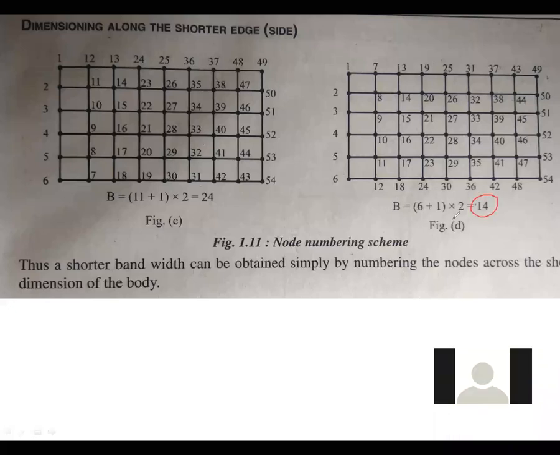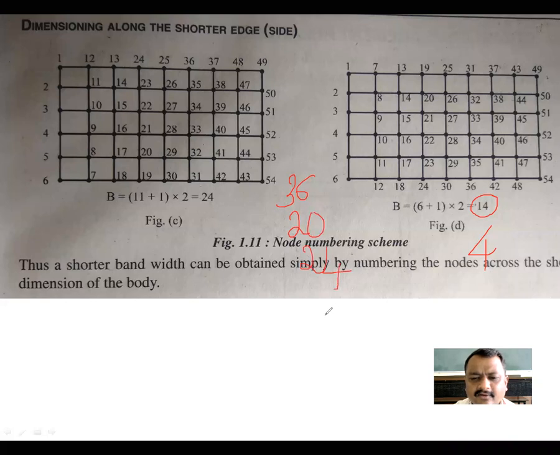Now, for the same mesh, we can number it in 4 different fashions. Among all the 4 methods, the first method gave 36 as the bandwidth, the second gave 20, the third gave 24, and now it is 14.